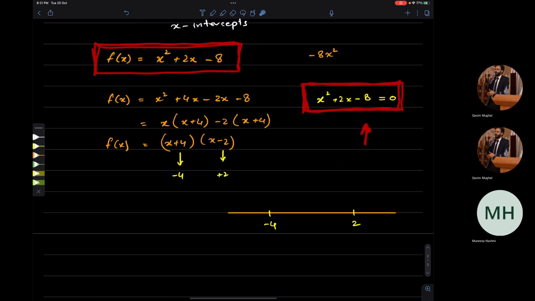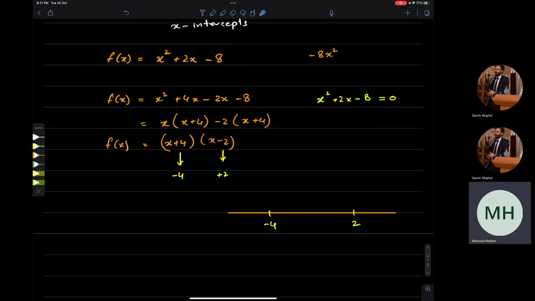What is 0 here, which is not over here? Y is 0 there, whereas over there the value of y is not given. This is f of x, which means y. Over here, the value of y is 0.